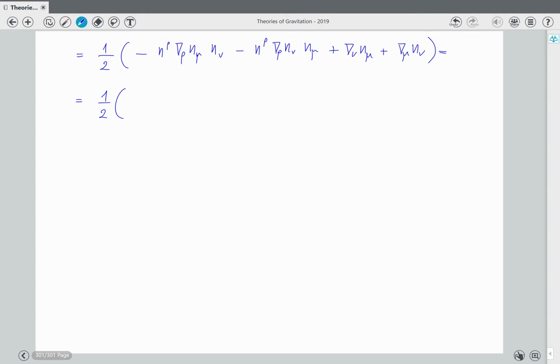That we can write as H mu rho del rho n nu plus H nu rho del rho n mu. Why? Because if we apply the definition H is the delta.